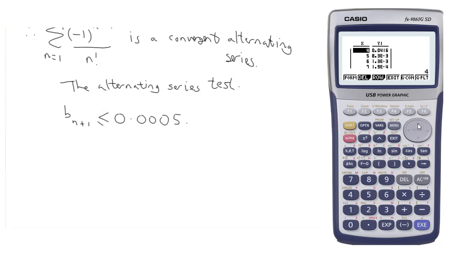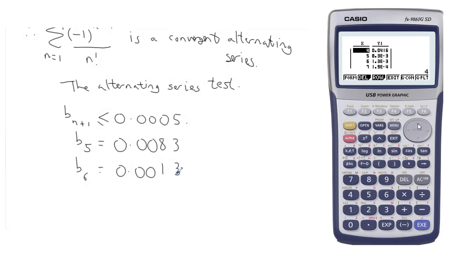So if we start with B5, that is 8.3 times 10 to the minus 3, which is going to be 0.0083, so it's still bigger. Look at B6. B6 is 1.3 times 10 to the power minus 3, so that would be 0.0013, still bigger.